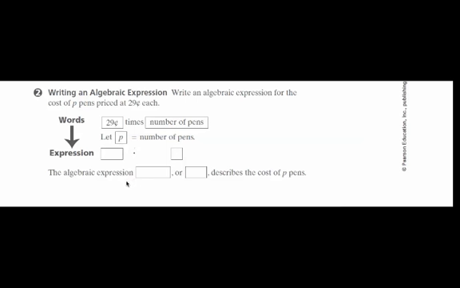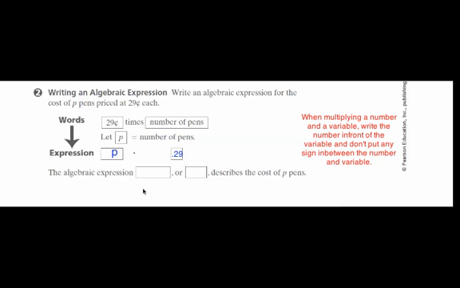So we're going to take P times 29 cents. Now when we write this, we should write the number in front of the variable. That is the better way to write it. And we don't use a multiplication sign whenever we're multiplying numbers and variables.